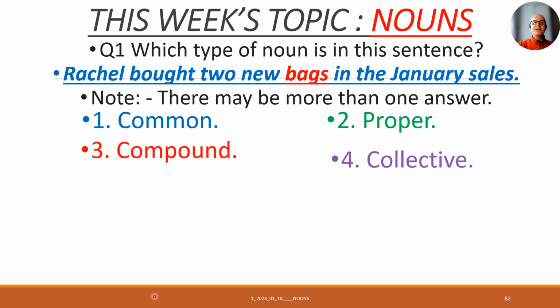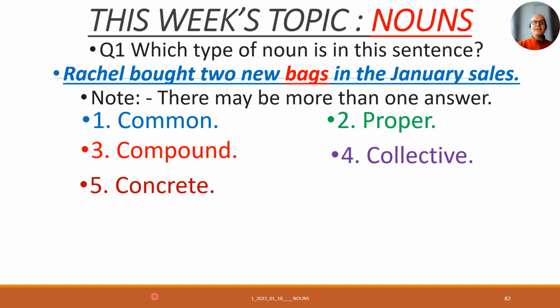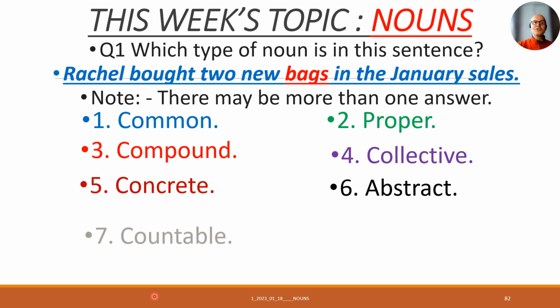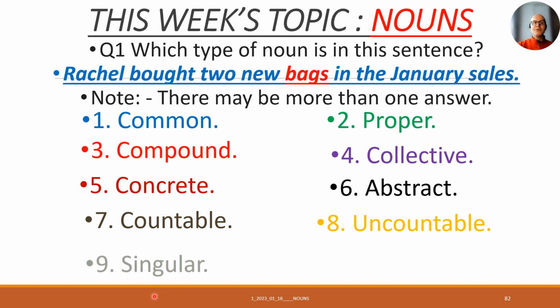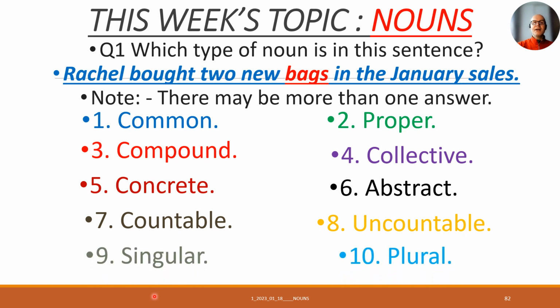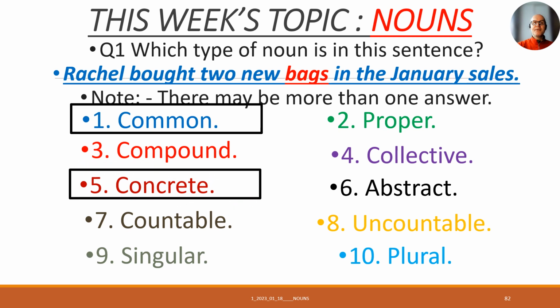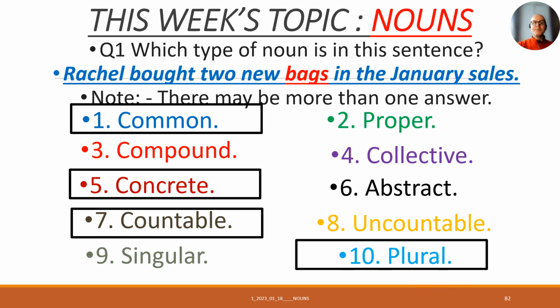Is it compound? Is it collective? Is it concrete? Is it abstract? Is it countable? Is it uncountable? Is it singular? Is it plural? Bags for this context here. Now, in this context here, bags is common, concrete, countable, and plural.